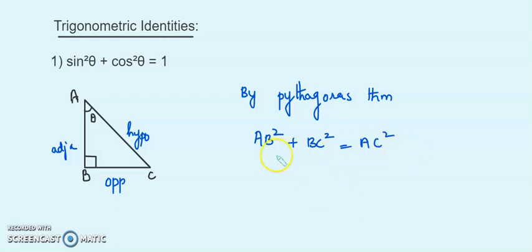Now in this one, I'm going to divide all the three terms by one of the sides. In this case, I'm going to divide by AC square throughout. When I say throughout, it means on the left and the right for individual terms.